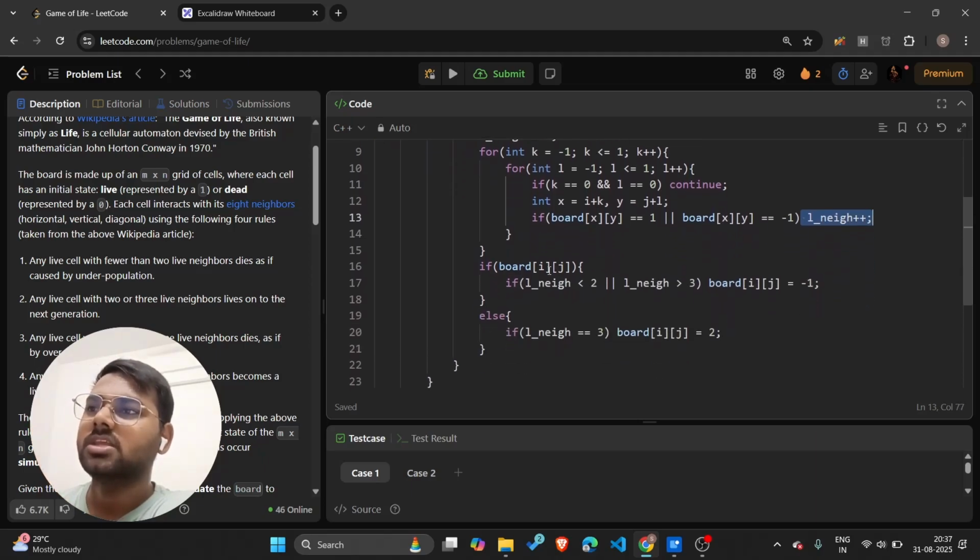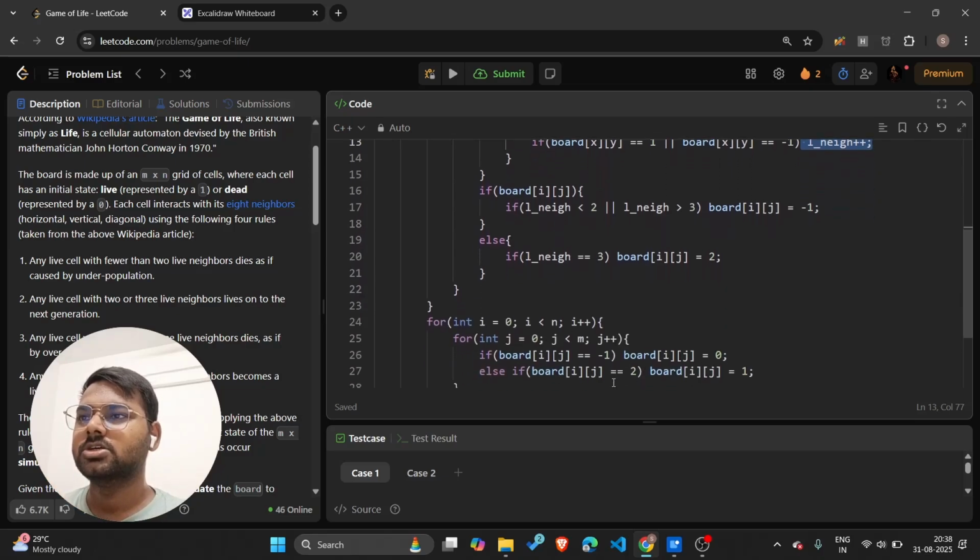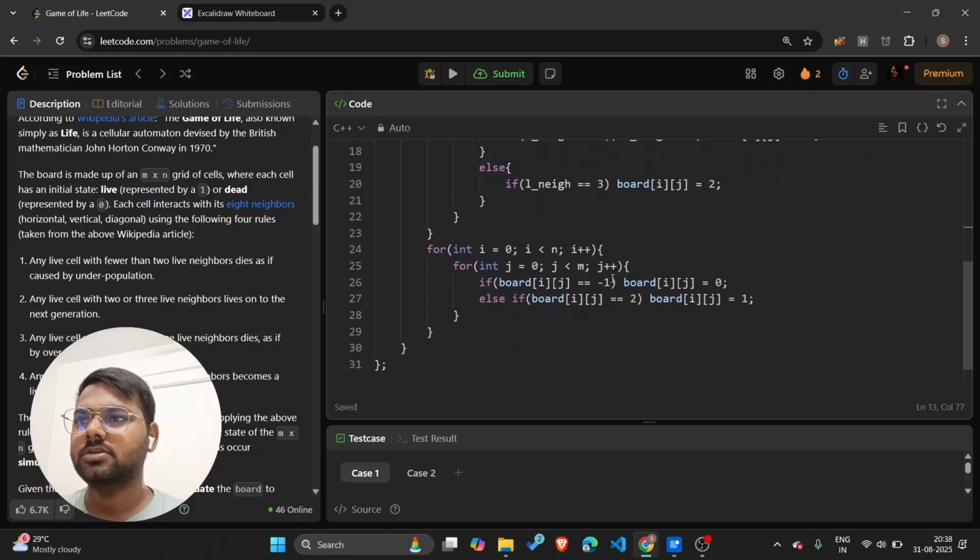If the cell is living and living neighbors are less than two, it dies due to underpopulation. If they are greater than three, it dies due to overpopulation. And if it's dead and living neighbors are three, it becomes alive, as a reward. Now, if it's dead, we make it 0. If it's alive, it's 1.